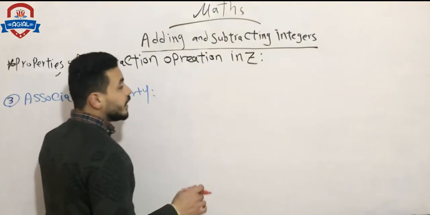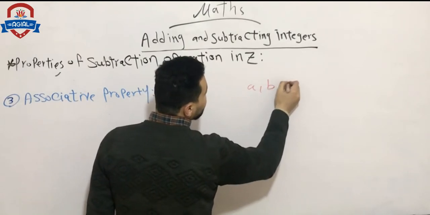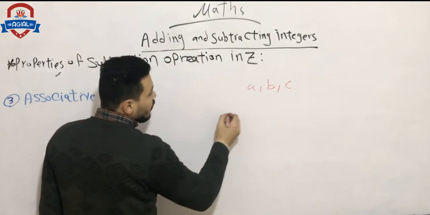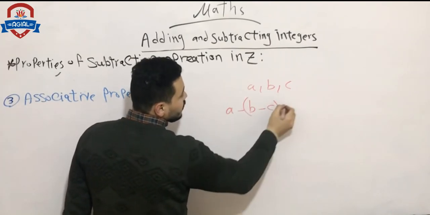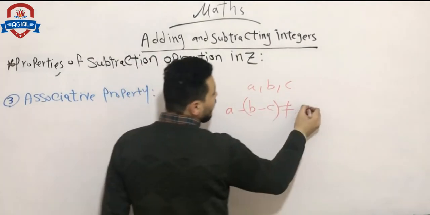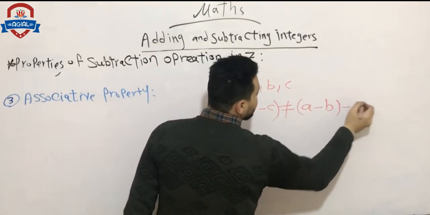For example, if we need to subtract three integer numbers A, B and C, A minus B, all minus C, doesn't equal A minus B minus C, all.